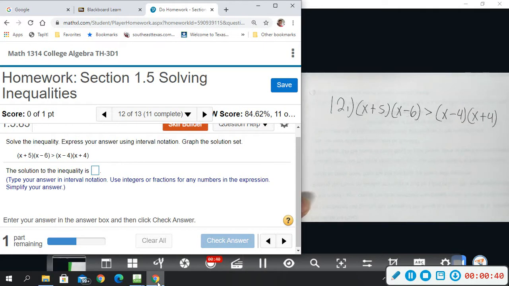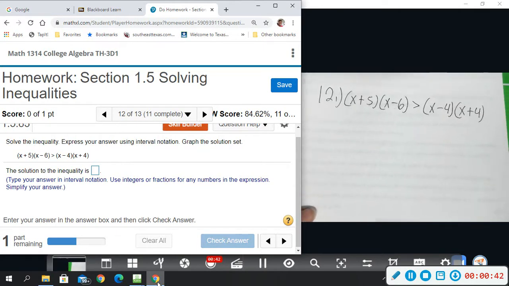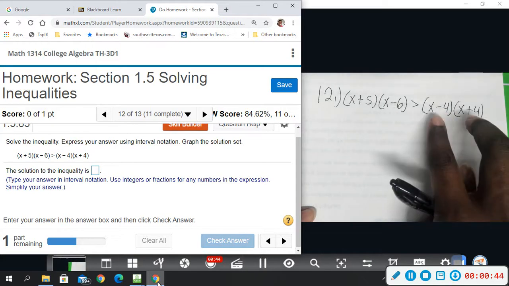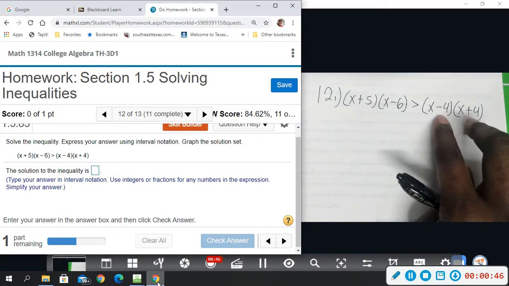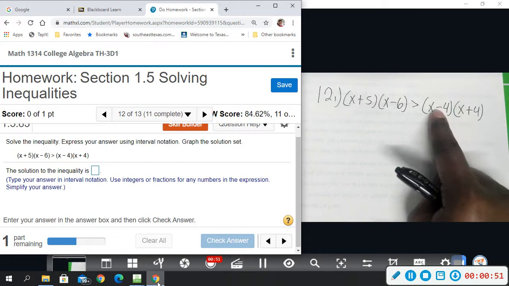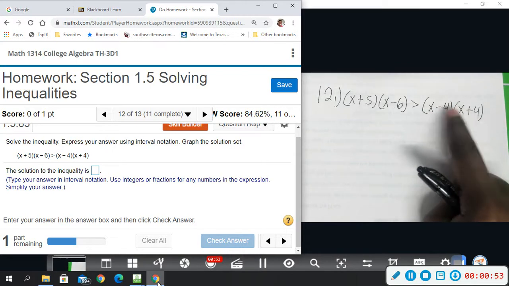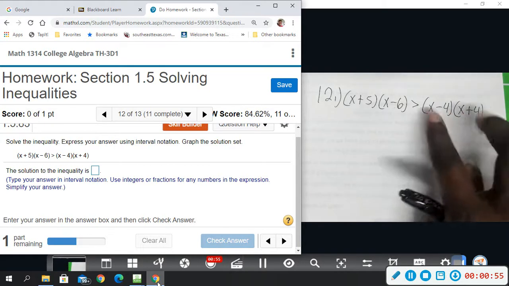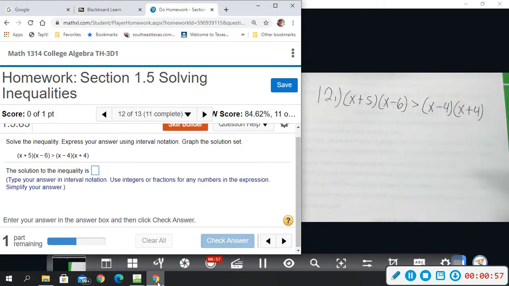So we're going to FOIL the left side. We're going to apply the difference of squares. If you don't recall, you can look that up, but when you have the same two terms and one is subtraction, one is addition, we can just square both terms and get that solution.